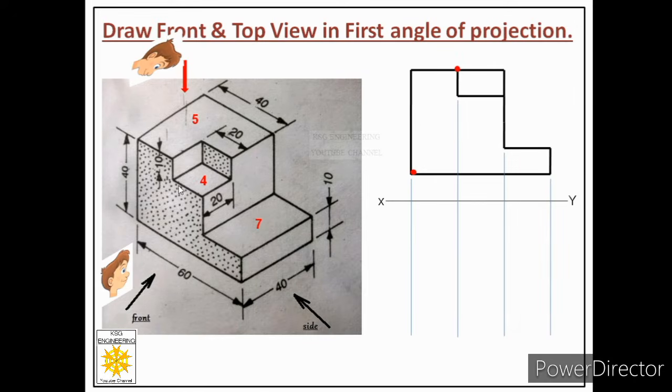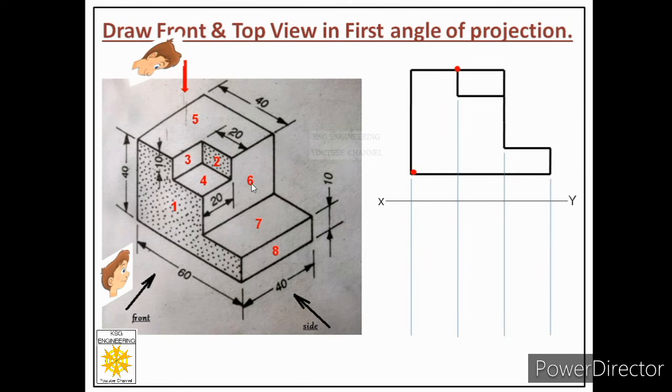Similarly, in face number 4, there is either a length dimension or a width dimension, so it will also be visible from top. Then face number 7, there is a length dimension and a width dimension, so this will also be visible from top. But if we talk about other faces, face number 1, in this face there is a height dimension, so this is not visible from top. In face number 3, there is a height dimension, not visible from top.